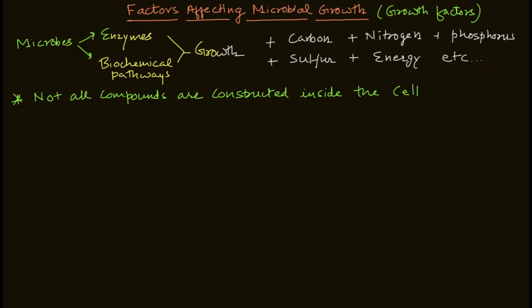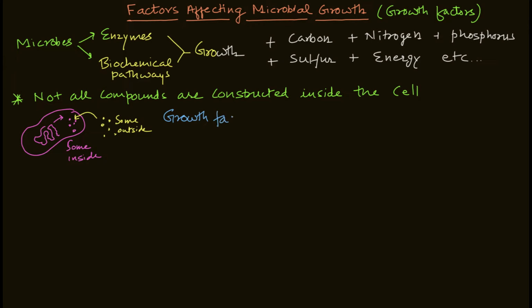Now, one of the important points that I'm going to mention here is that not all compounds are produced inside the cell. Suppose this is the microbial cell, and the microbial cell is producing some of the important compounds inside. But microorganisms also require some compounds that are not synthesized inside the bacterial cell. So there are some compounds that are not synthesized, and they are the growth factors.